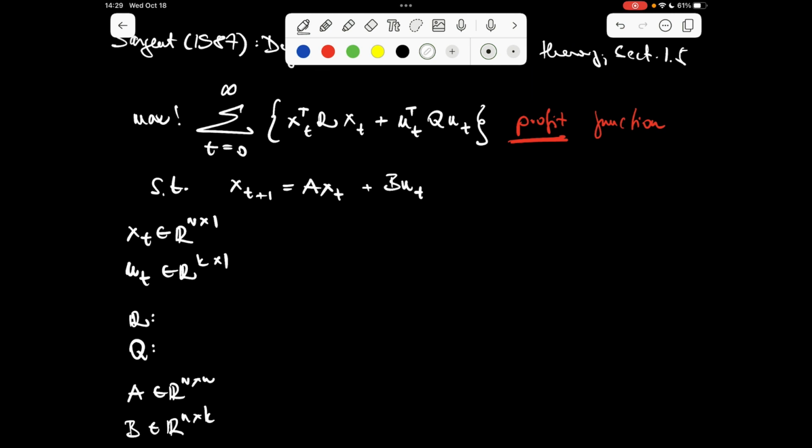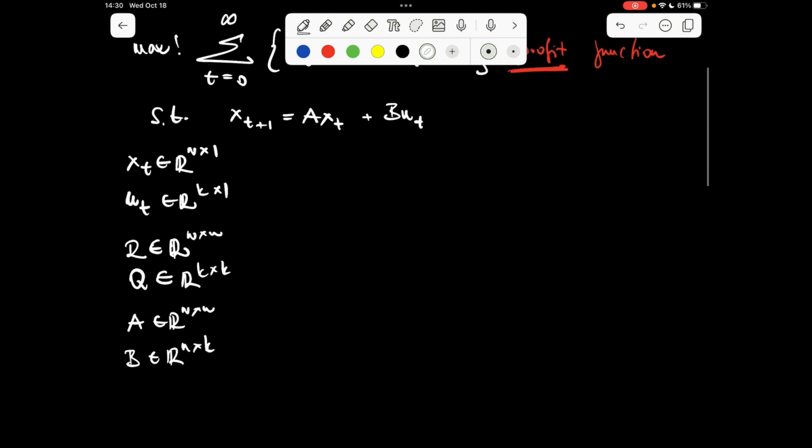So R, okay, we can be more specific. So R, given the dimensions of the state vector, must be an NN matrix, and Q must be a KK matrix.